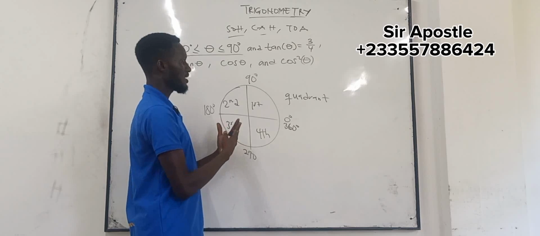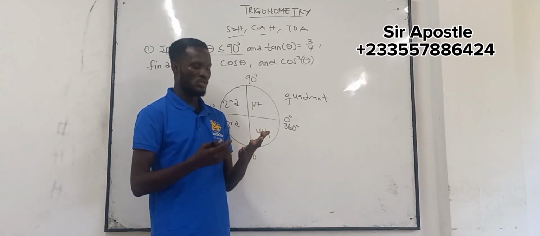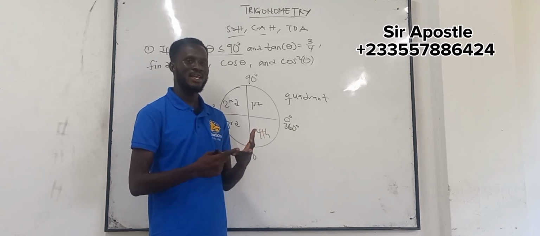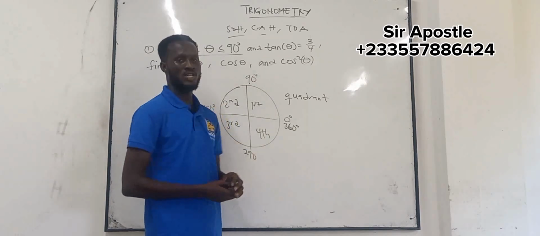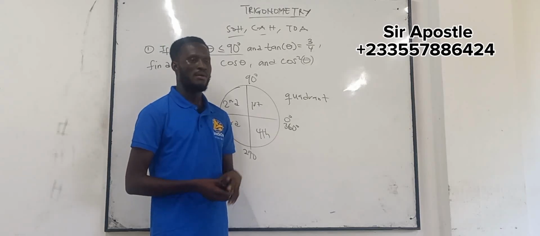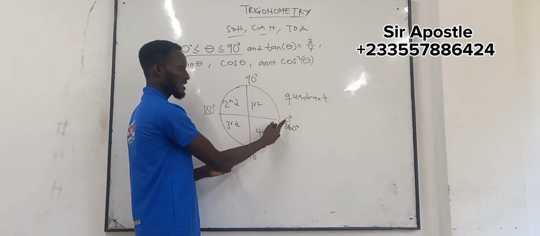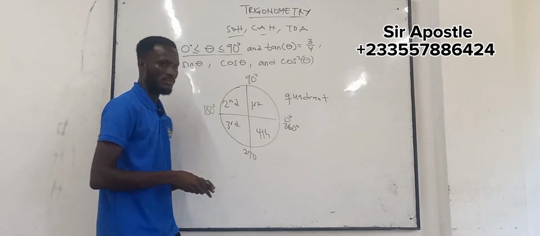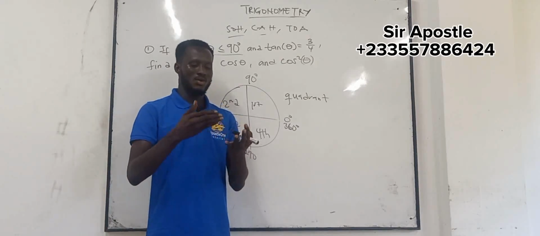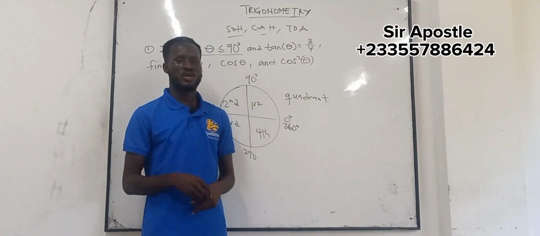The only thing unique is that the basic trig ratios, that is the cosine, the sine, and the tangent, behave differently in the different quadrants. But in the first quadrant, from 0 to 90, the cosine, the sine, and the tangent behave the same way.